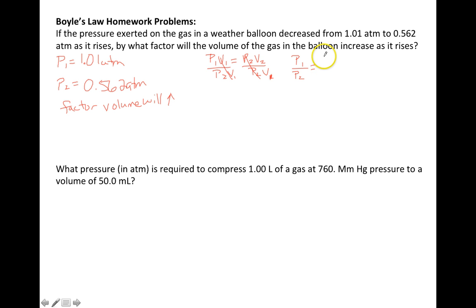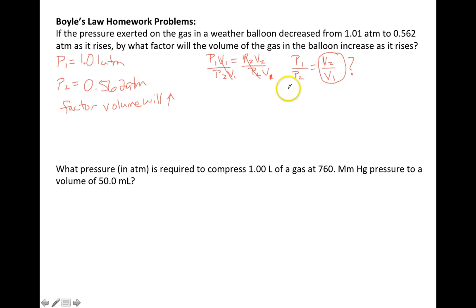That ratio is equal to the ratio of V2 over V1. So I just rearrange things, and basically what I'm being asked to find out is, what is this ratio?